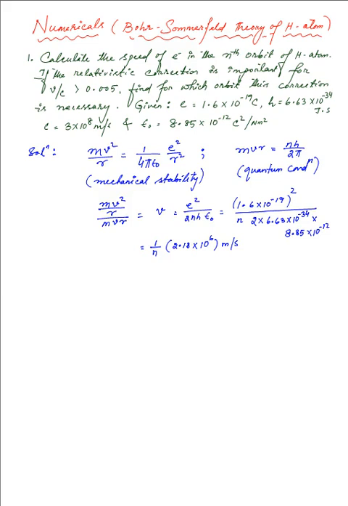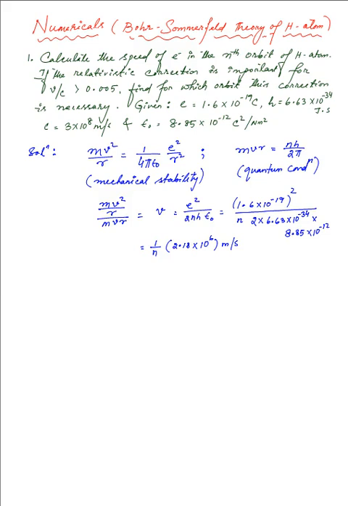Now with this condition available to us, we move into the next part of the question, which says that if the relativistic correction is important for any value of V over C being greater than 0.005, then what must be the orbit where the correction will be necessary?